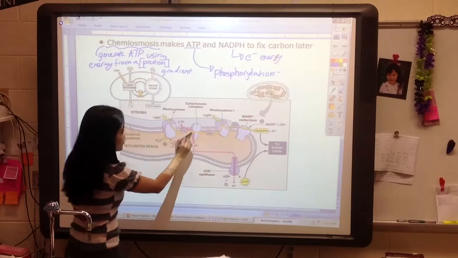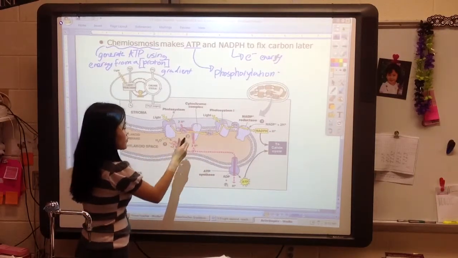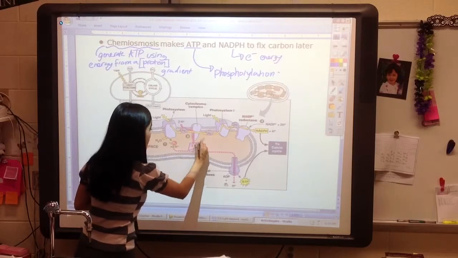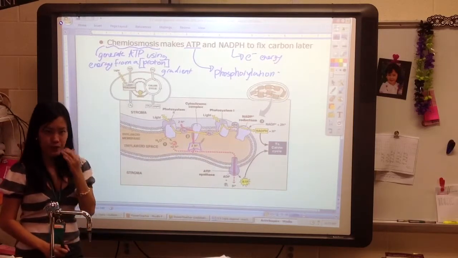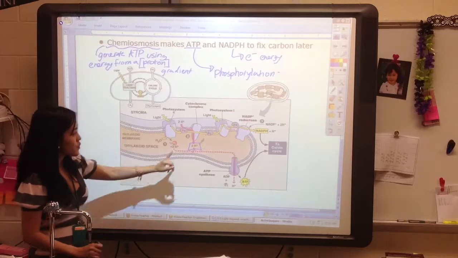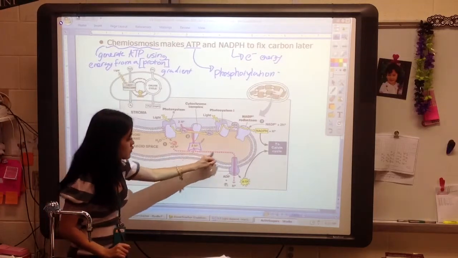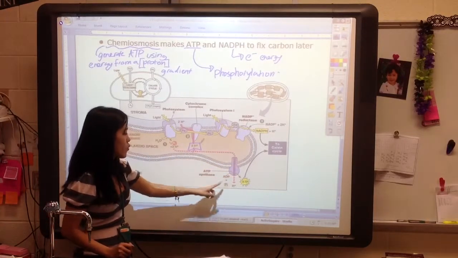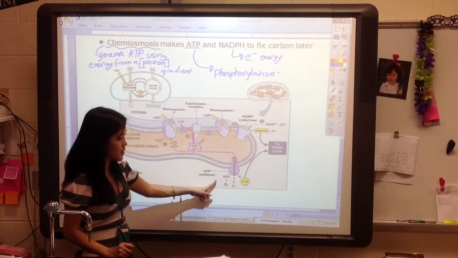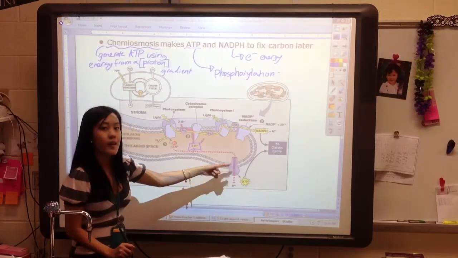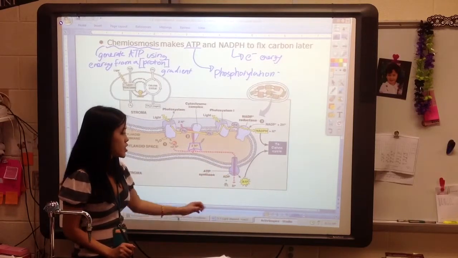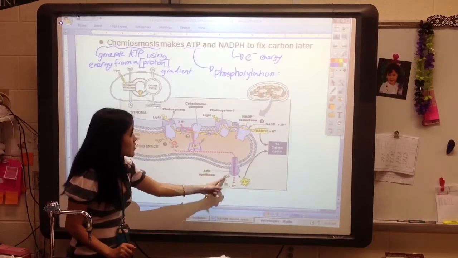And as we move through the cytochrome C, notice that here we have our proton. That's our proton gradient, the H+ ion. This proton will move on and go to another area where we have another ATP synthase protein. Okay? Very similar to respiration. There we'll phosphorylate.